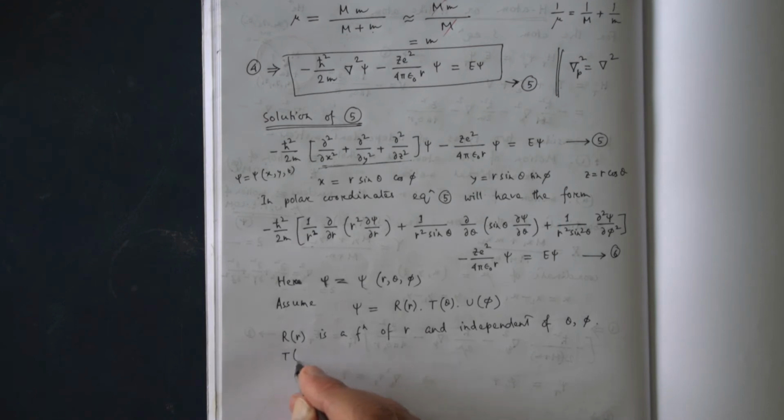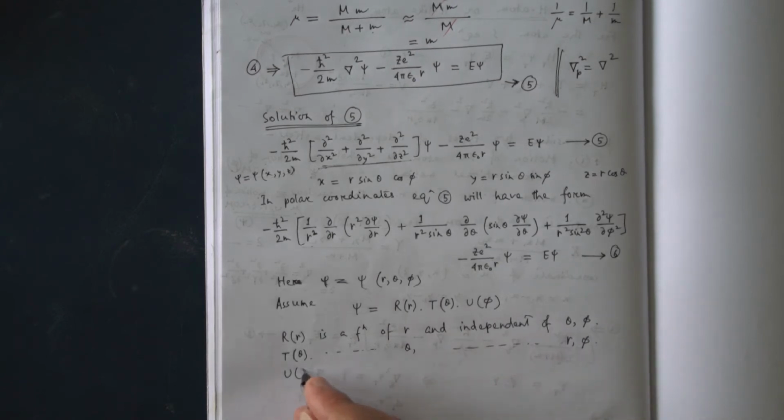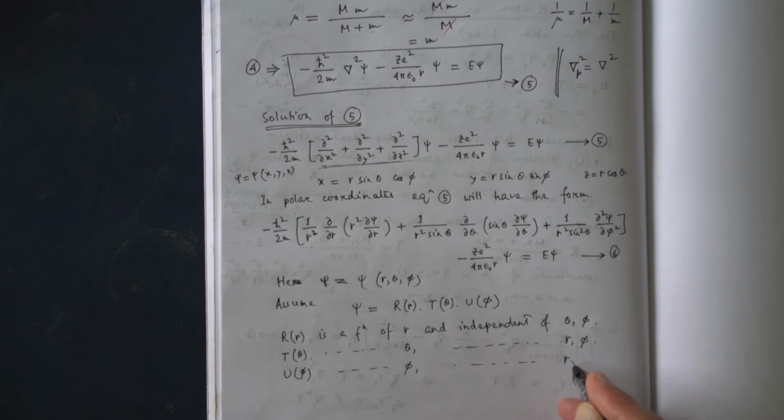Similarly, T(theta) is a function of theta and independent of r and phi, and U(phi) is a function of phi and independent of r and theta.